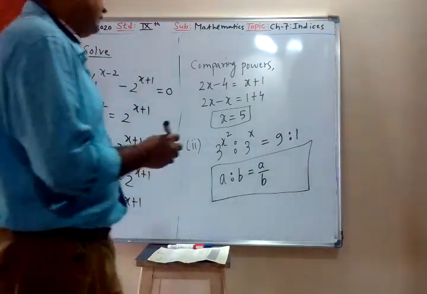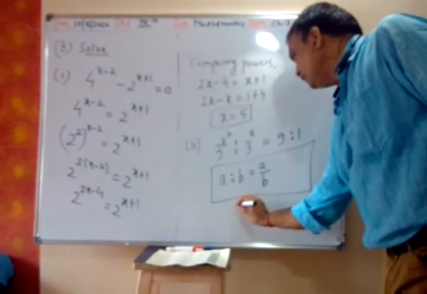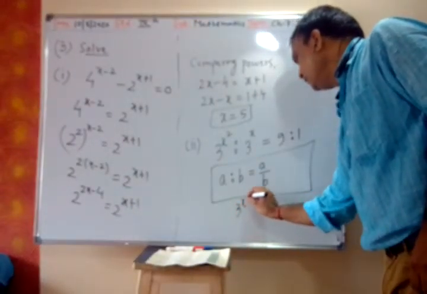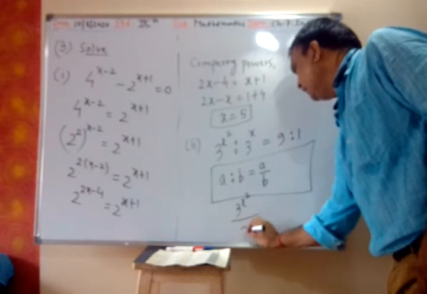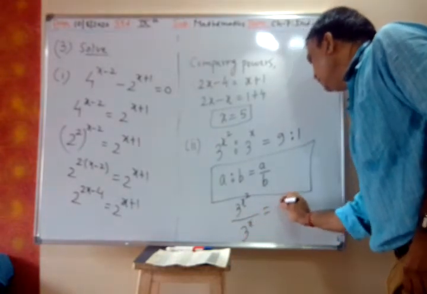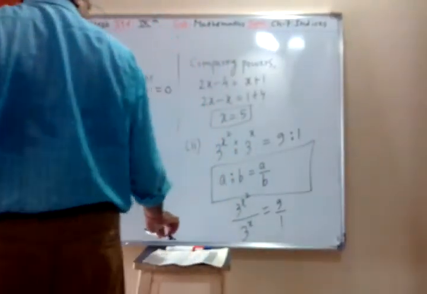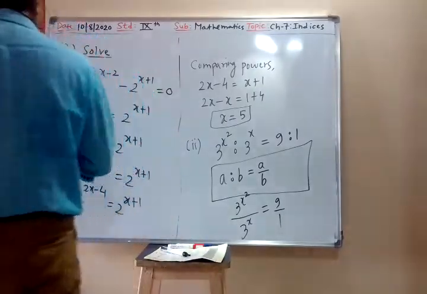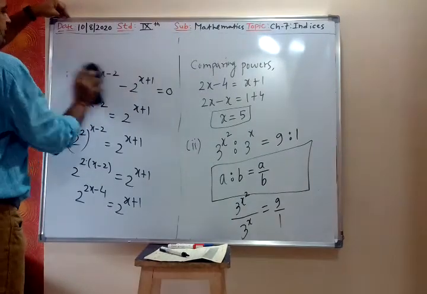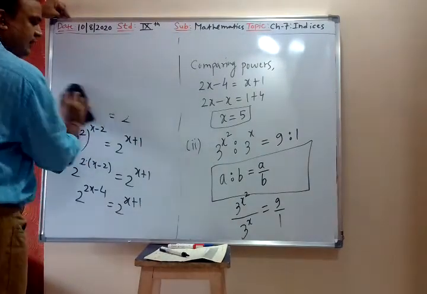Answer is 2. So you will get 3 raised to x square upon 3 raised to x is equal to 9 upon 1. Now we cross multiply. So you will get 3 raised to x square.